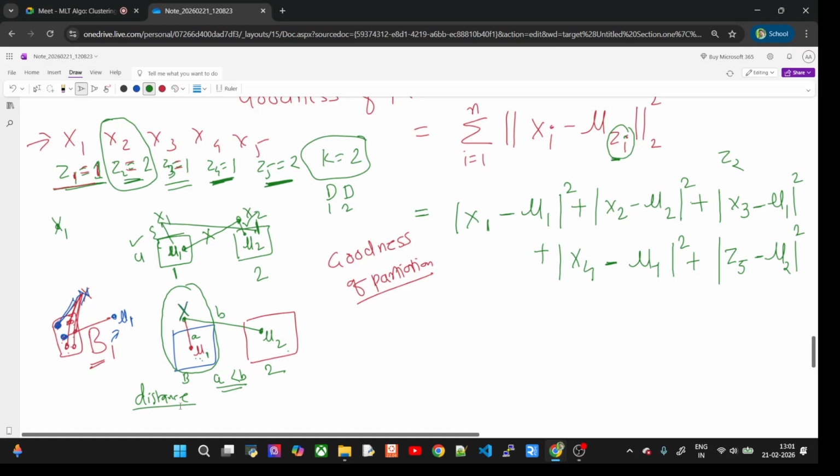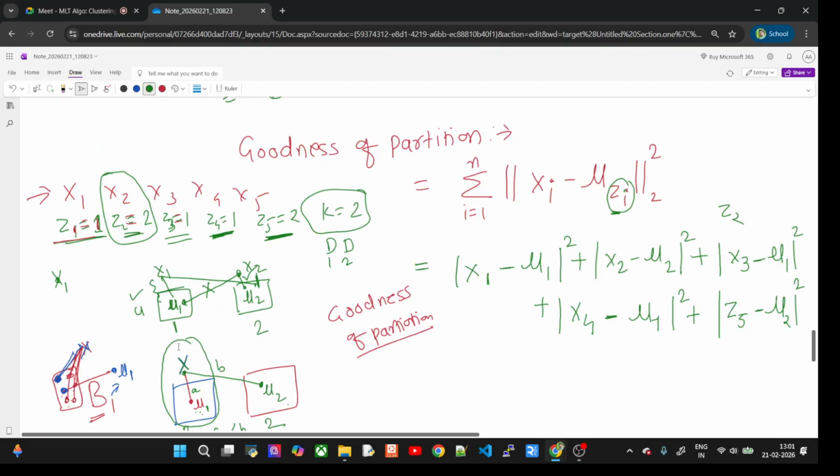This is just an example I mentioned. Z1 is 1, Z2 is 2, Z3 is 1, and so on, with values 1 and 2 because we want only 2 clusters. If there were 3 clusters, then it would be 1, 2 and 3. So here mu and Zi, it's mentioning Zi. What is Zi?